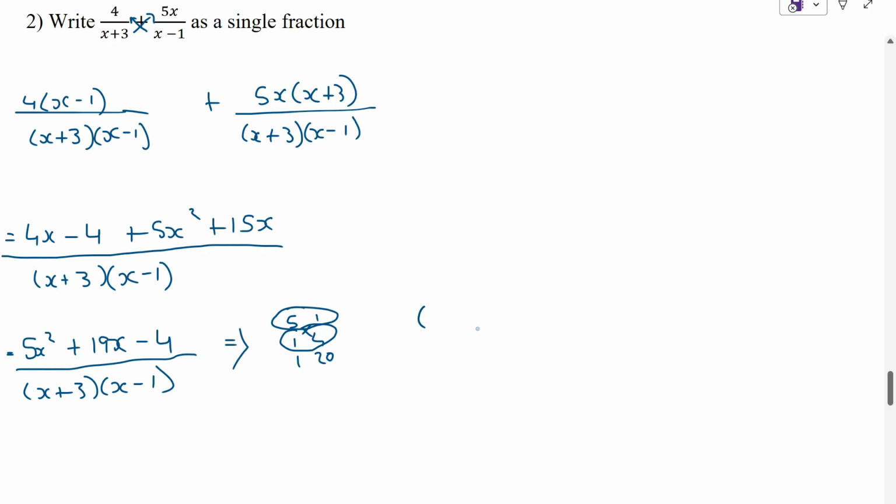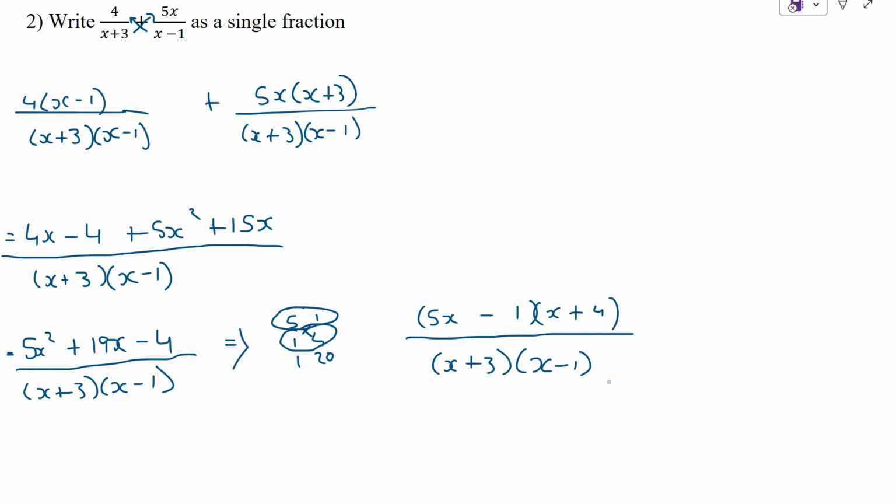So if we rewrite the numerator, we get 5x and a 1, x and 4. Okay, so we can't cancel out any further, but we will leave it in this format for now. Okay, that's our final answer.